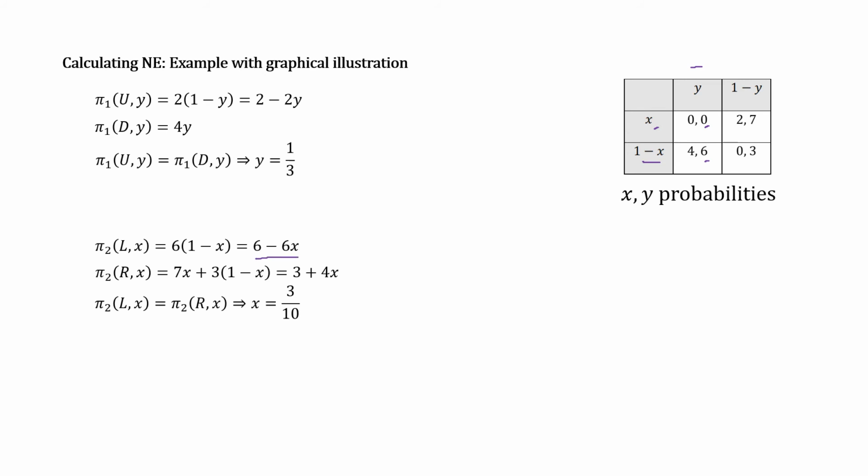And for playing right, the payoff is 7 times x plus 3 times 1 minus x, which is 3 plus 4x. Equating the two, from the principle of indifference, x equals 3/10.